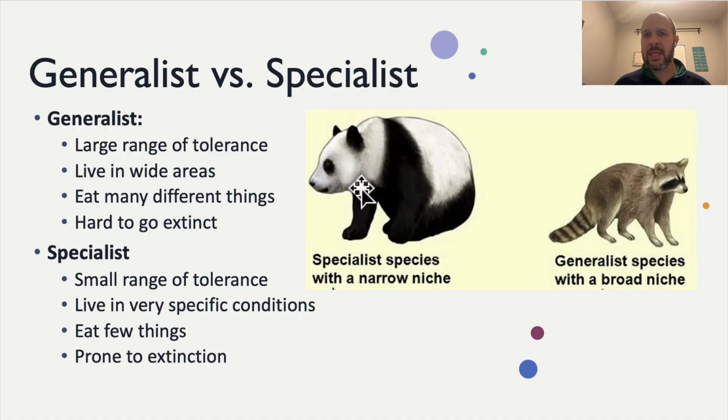That's ultimately what has happened. Habitat loss and climate change has led to the pandas being put on the endangered species list. And part of it is really just because of its habits. It doesn't eat lots of things and it doesn't live in a lot of places, so you can't put it anywhere. And so specialists are far more prone to extinction compared to generalists.